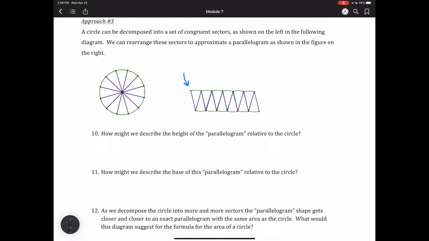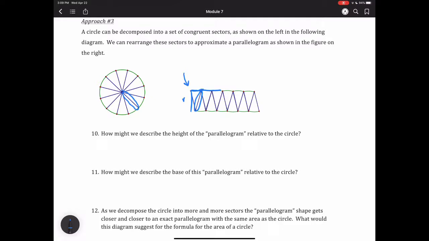And as we make those slices smaller and smaller, the tops would seem flatter and flatter, and the height would get more and more vertical, right? And so the height here really would be this length, which if we look back to our original circle, is the radius, right?